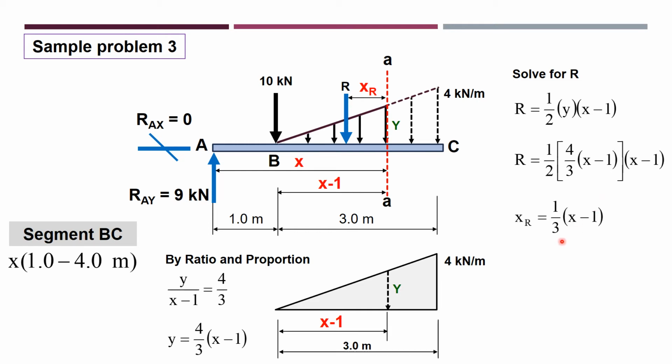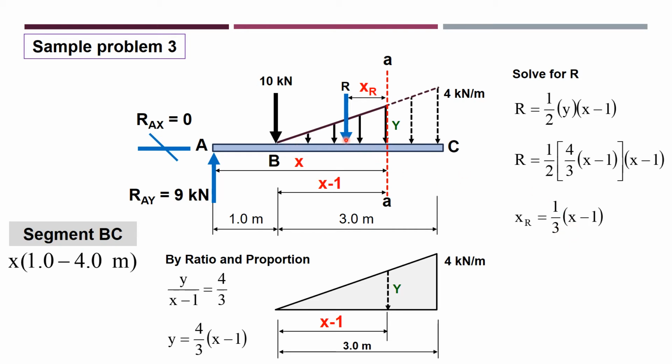And of course, its location. So, para makuha mo yung location nung R, which is equivalent to this, you just get the centroid of this triangular loading. So, we know that from here, ang centroid ng triangle is 1/3 of this distance, which is 1/3 of x minus 1.